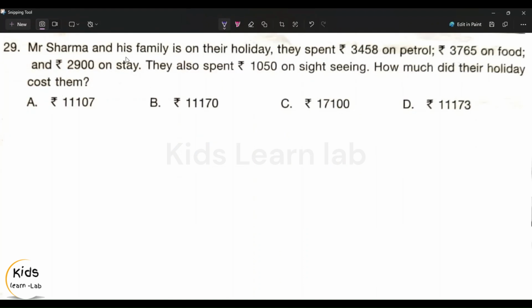29th question. Mr. Sharma and his family are on their holiday. They spent rupees 3,458 on petrol, rupees 3,765 on food, and rupees 2,900 on stay. They also spent 1,050 rupees on sightseeing. How much did their holiday cost them?